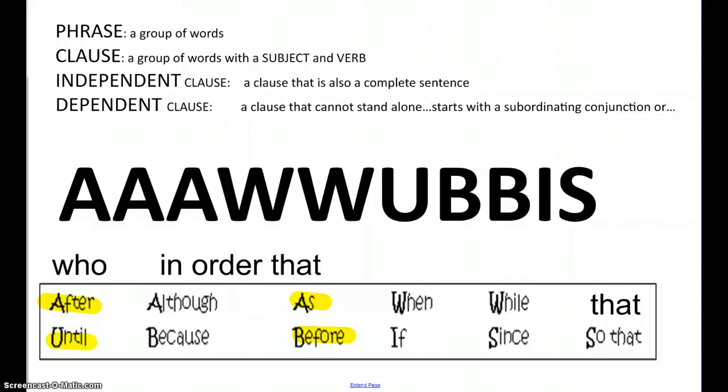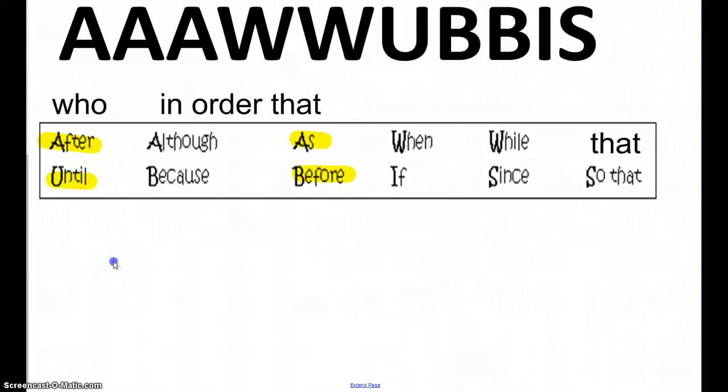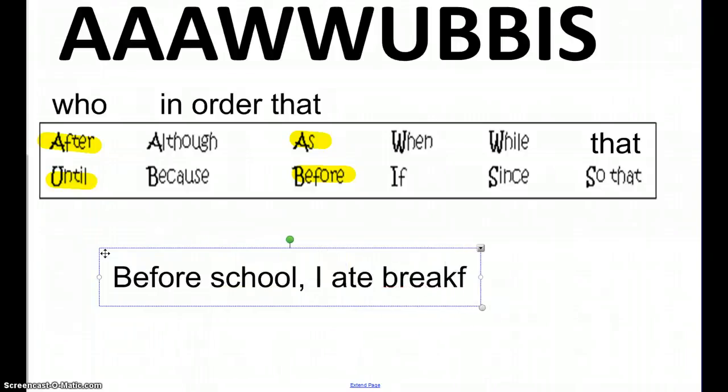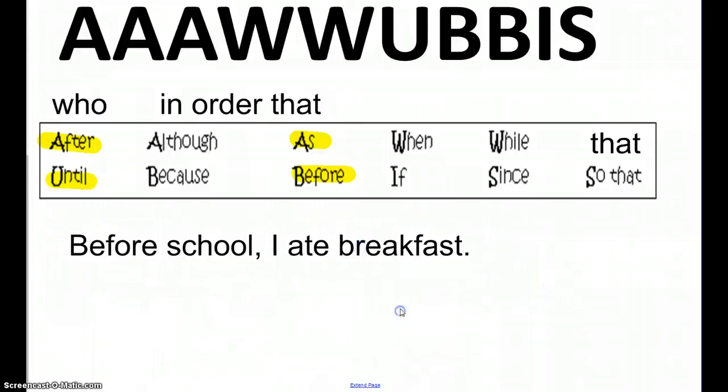So if we see before being used as a preposition, it will look like this: before school, comma, I ate breakfast. If I were to kind of try to break this sentence down, I can see that I have a prepositional phrase, before school. I know that's a prepositional phrase because my preposition is before, I've got a noun at the end, and there are no verbs in the middle.